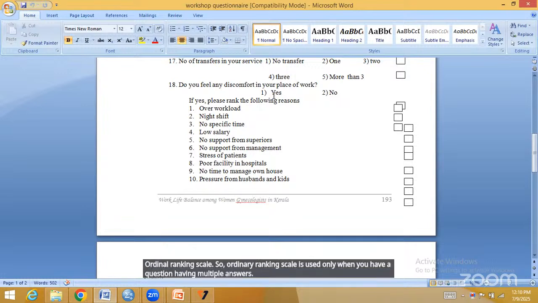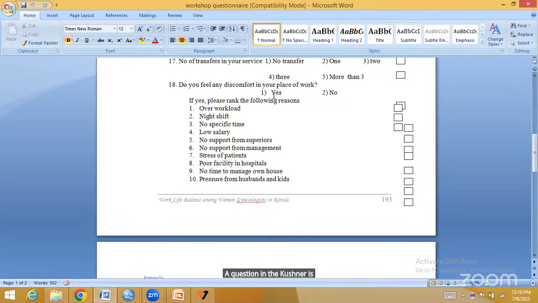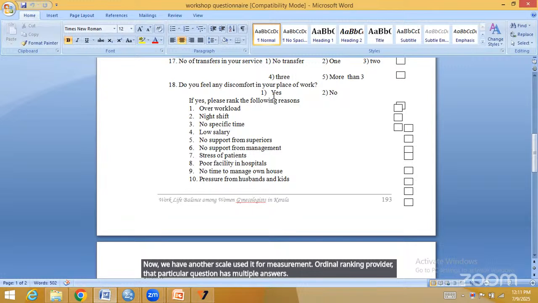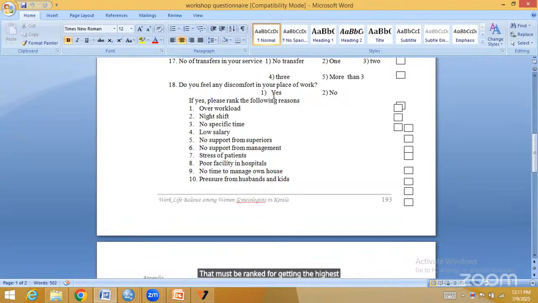A question in the questionnaire is having multiple answers, then that must be ranked. Therefore, the scale used is ordinal ranking. Already I explained the nominal scale or categorical scale. Now we have another scale used for measurement, ordinal ranking, provided that particular question has multiple answers. That must be ranked for getting the highest preference of a particular answer. Two scales I explained, nominal, ordinal ranking.